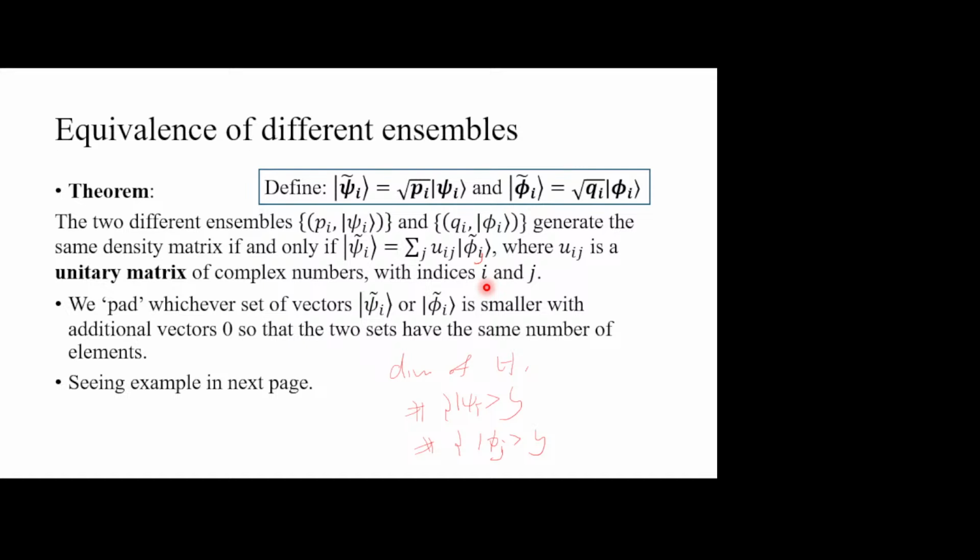To make this a little less annoying, first we make these two numbers the same, by saying that whichever number is smaller, we just add a whole bunch of vectors that have length 0. So the number is the same here, and this makes notation a bit easier.